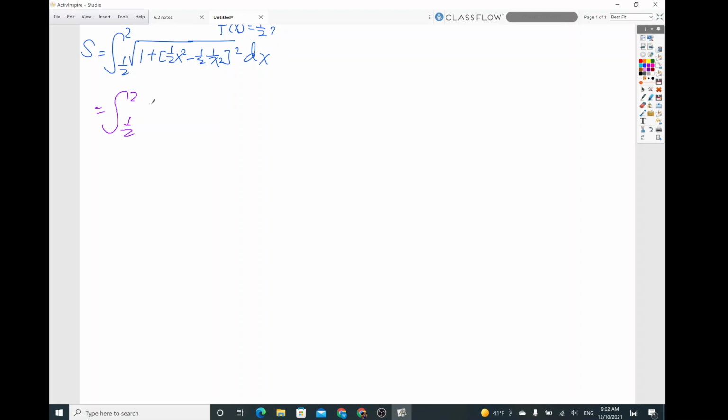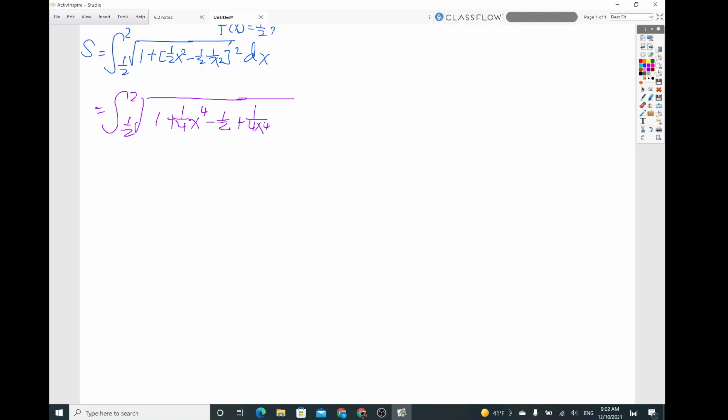what we found here is square root of 1 plus 1/4 x to the power of 4 minus 1/2 plus 1/4 x to the power of negative 4. Well, this one can be done by using the FOIL method if you want.